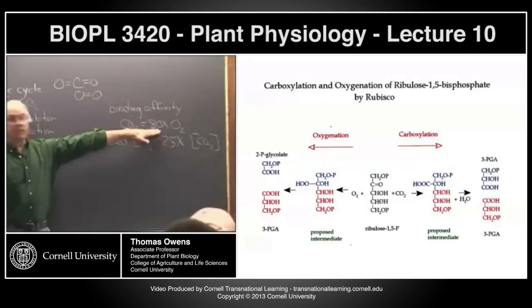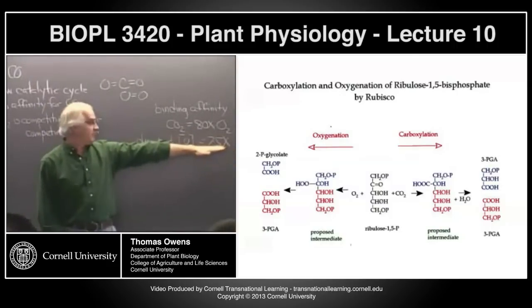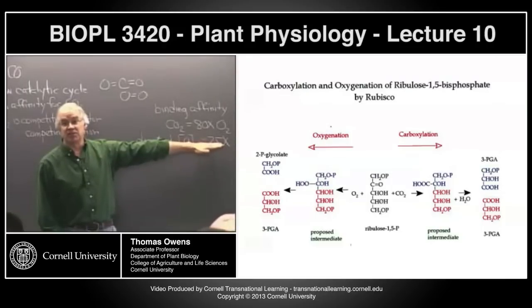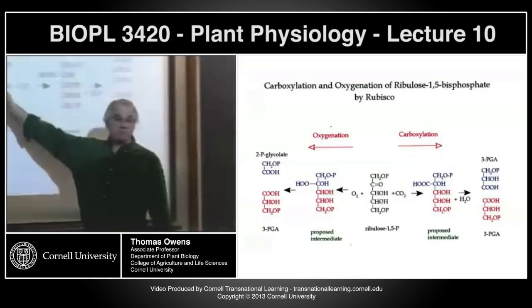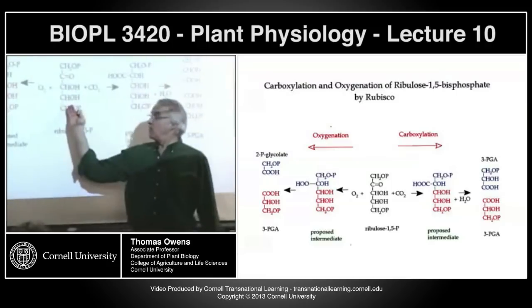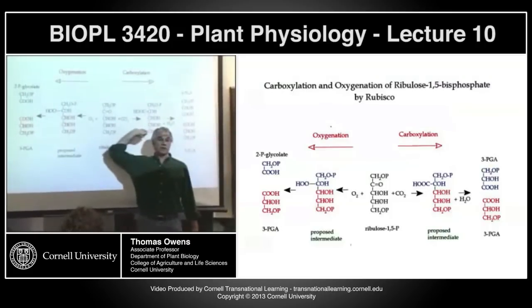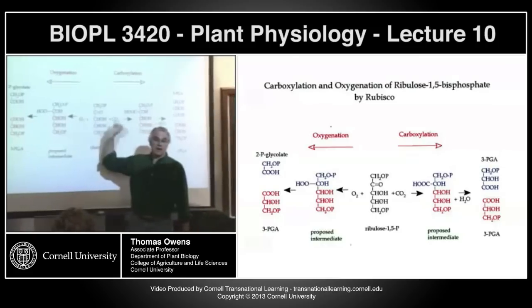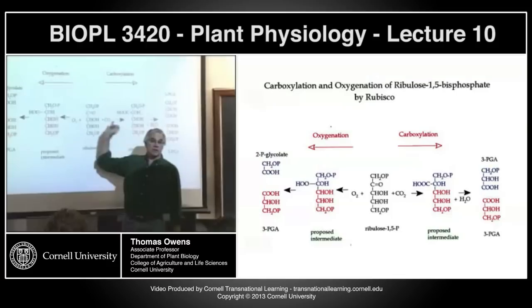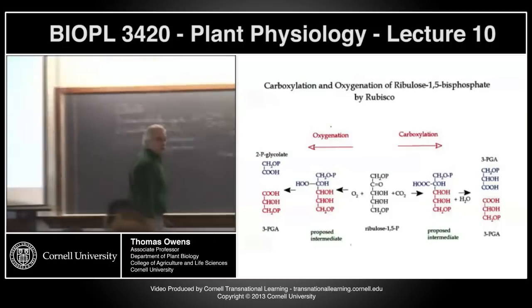So although the binding affinity is much higher for CO2, because there's a lot more oxygen, it means that 1 out of 4 times that something binds, it's going to be an oxygen rather than a CO2. So under normal circumstances, as much as 25% of the RuBP that's produced goes in this direction rather than in this direction. So there's a potential for a lot of carbon being diverted into a pathway which is not the desirable outcome of this reaction.